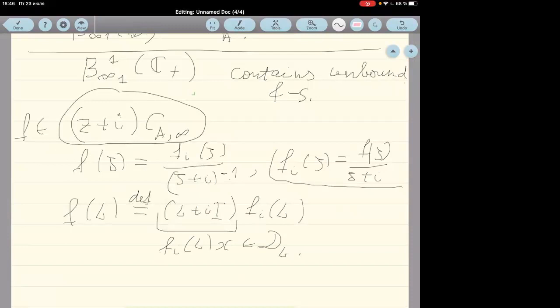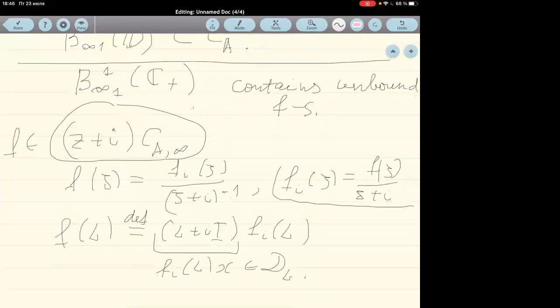Then we can define f of L on a dense subset, and actually this class contains the Besov class of analytic functions B infinity 1 1 of C plus.